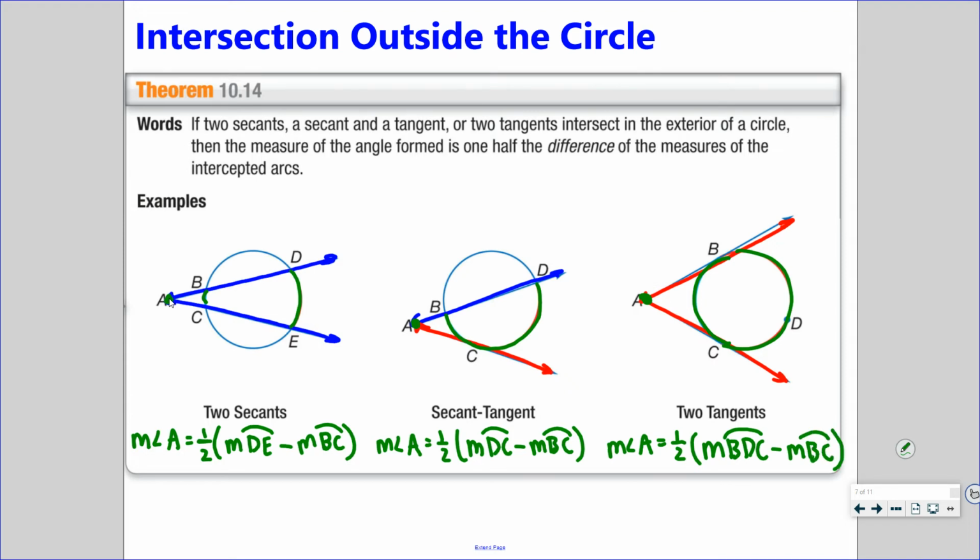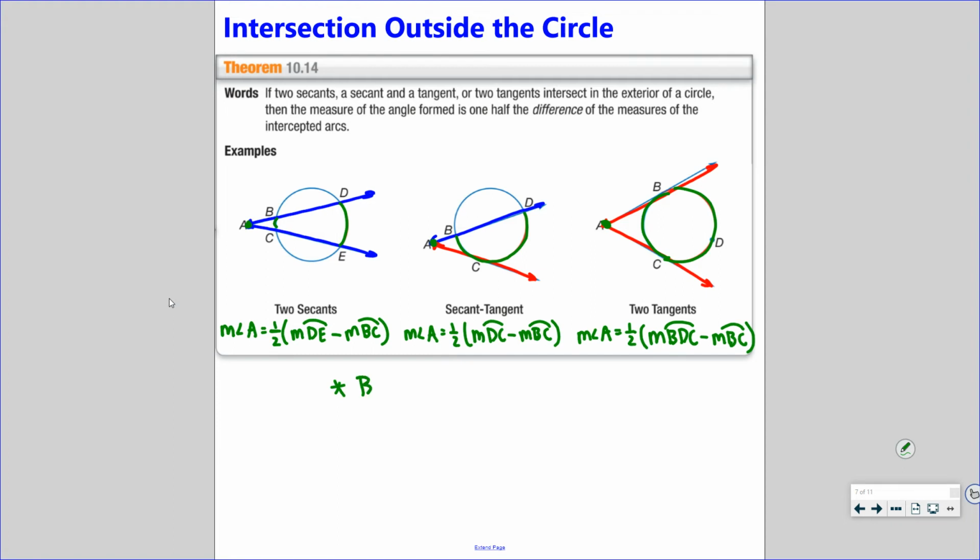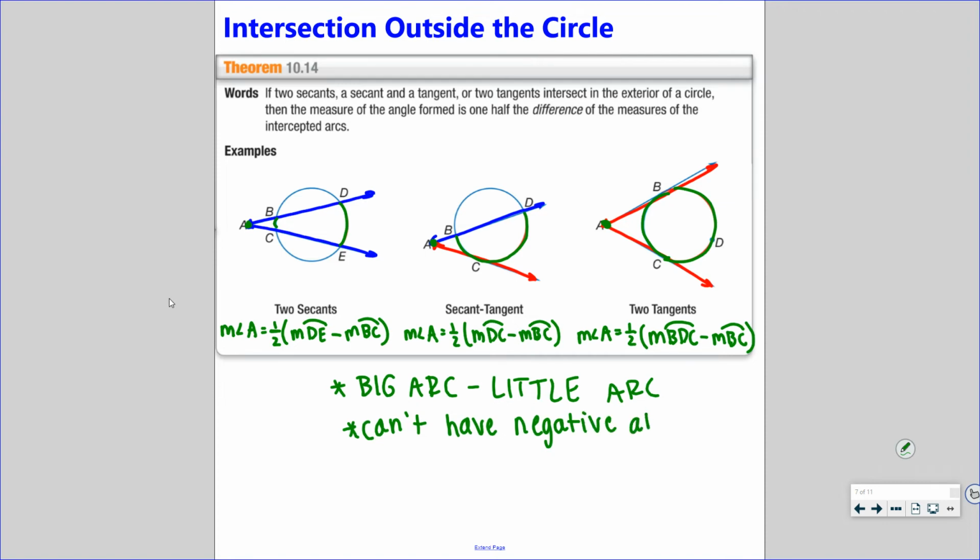So what I like to remember for this one is big arc minus little arc. Can't have negative angles in geometry.